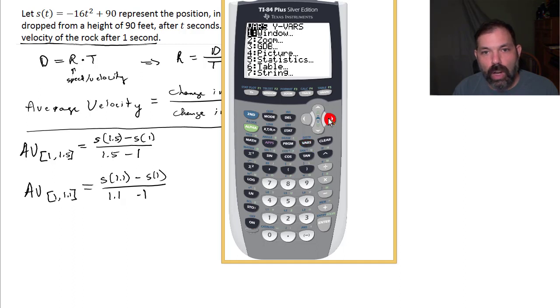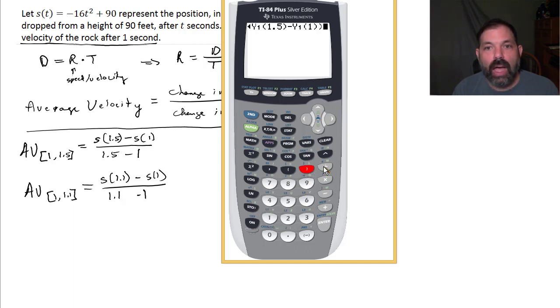Variables, y variables, function, y1 of 1. Close off the numerator. I need to divide that by the quantity 1.5 minus 1. Close that off and hit enter.